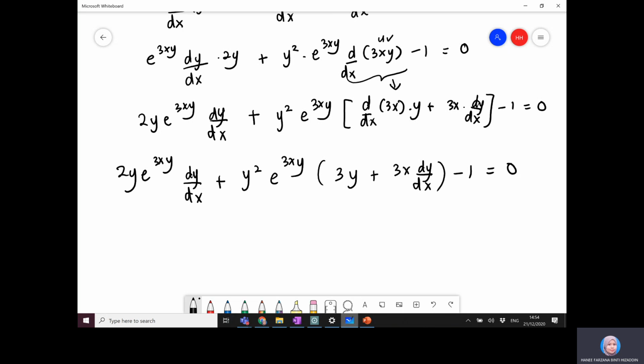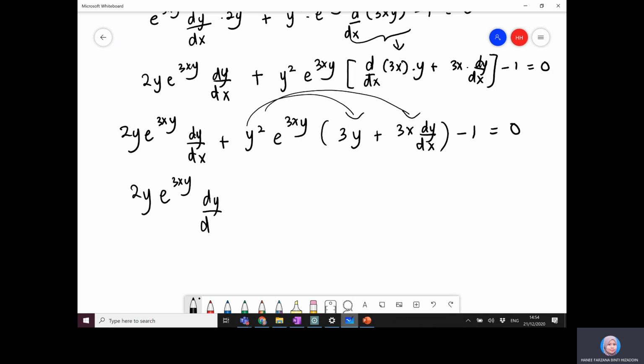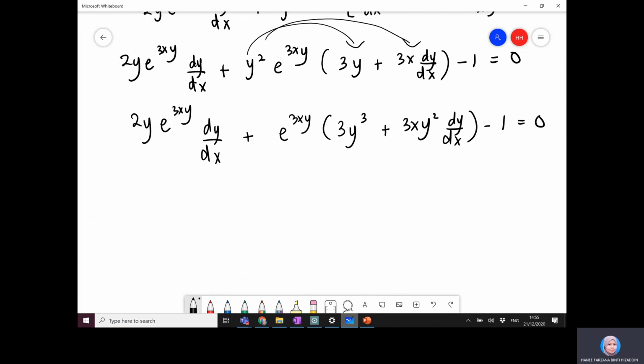So you can put this y squared inside: 3y cubed plus 3xy squared dy/dx minus 1 equals 0. So what you do is you just collect all the similar terms and factorize, and you can prove that this is the solution of the given ODE.